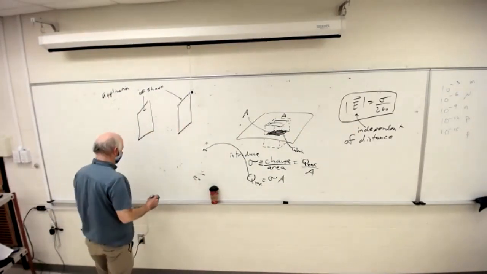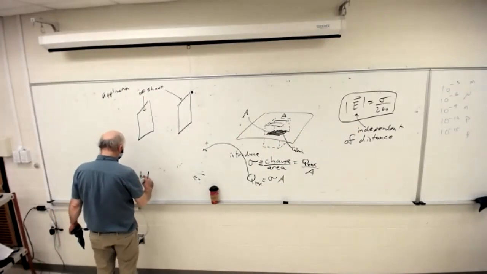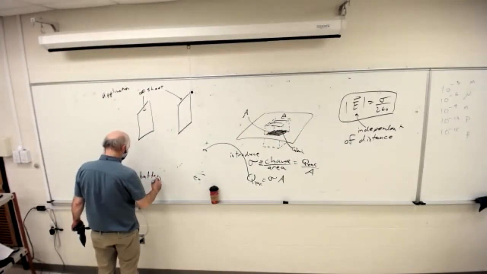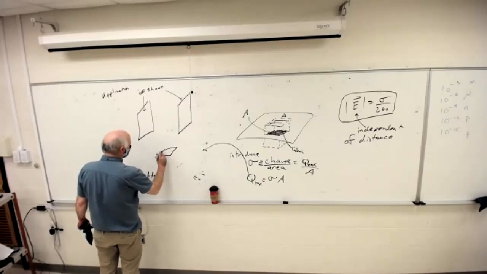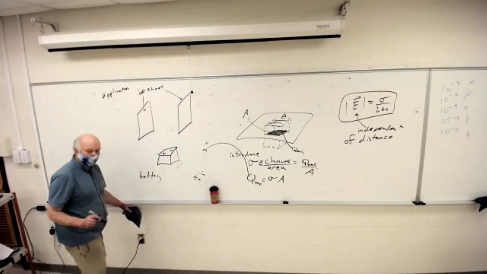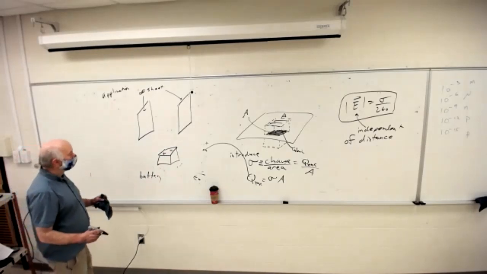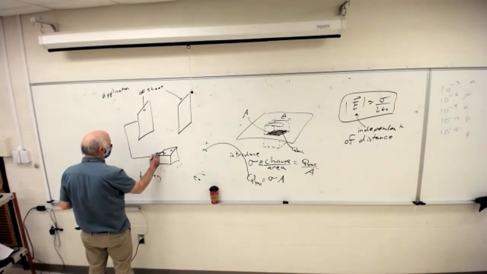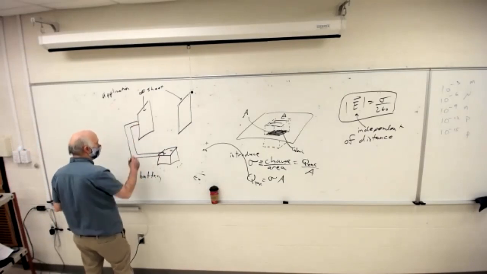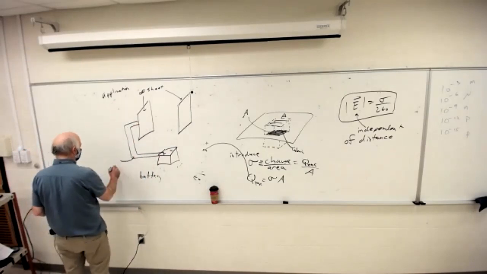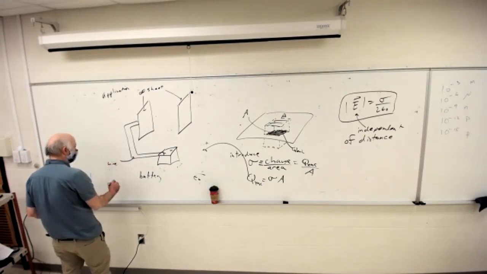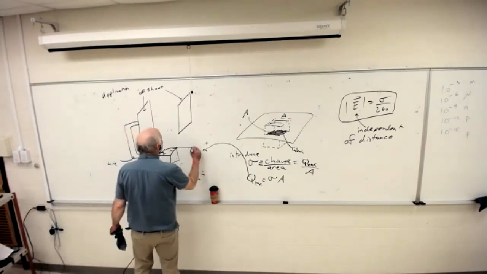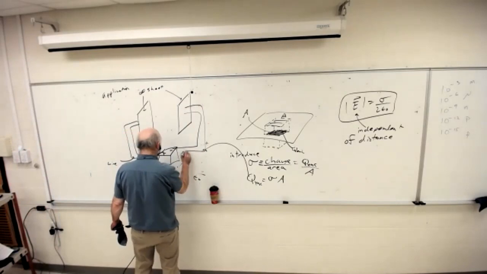I'm going to have a battery here. Batteries have a plus sign and a negative. I'm going to run a wire from the positive end into the negative end, like that.